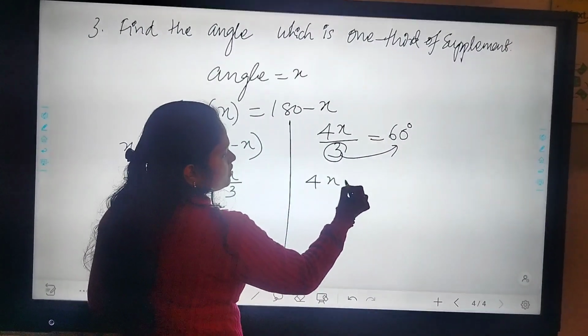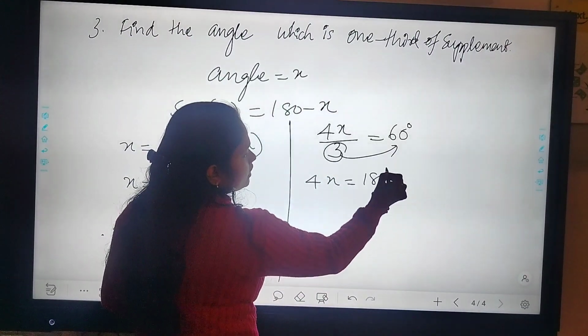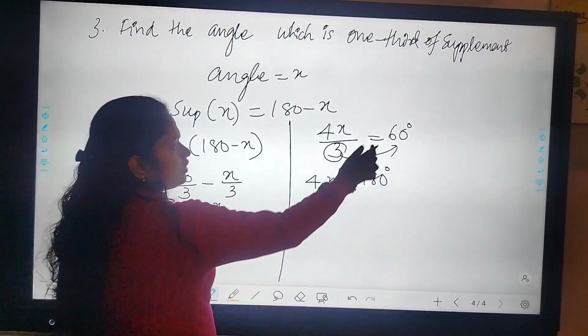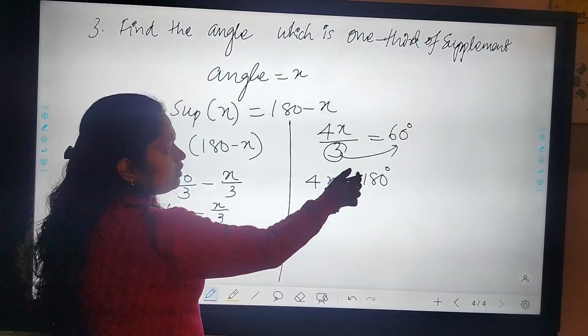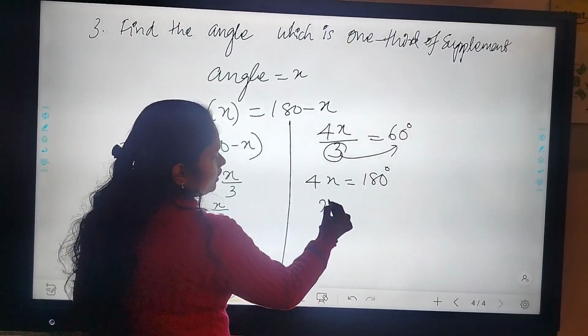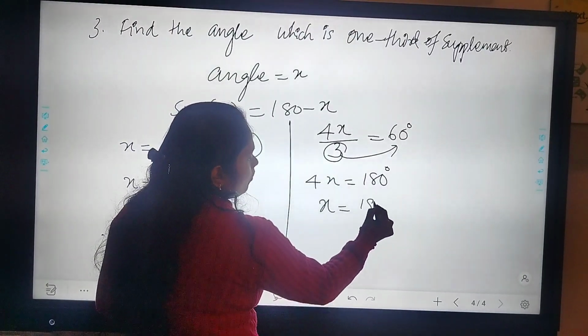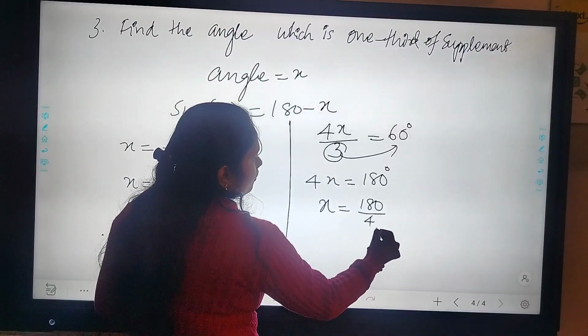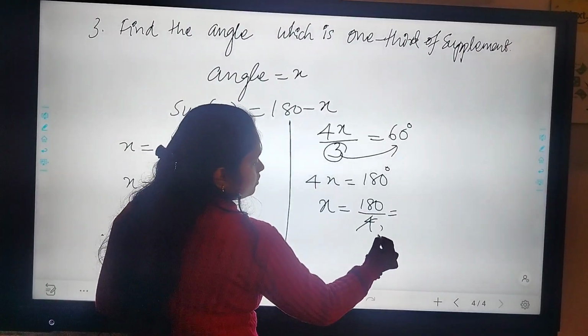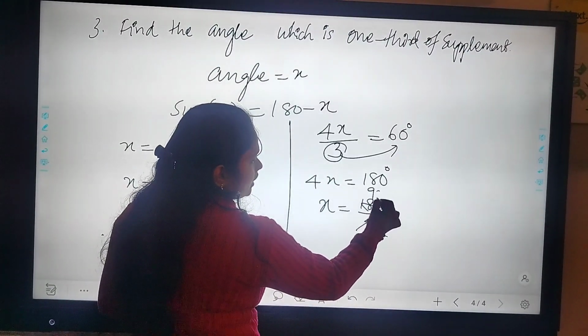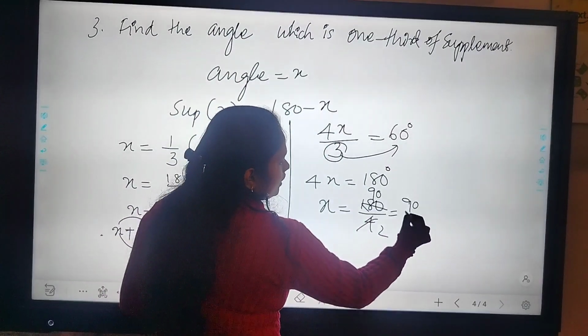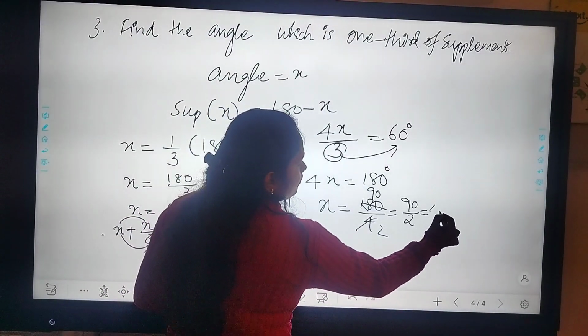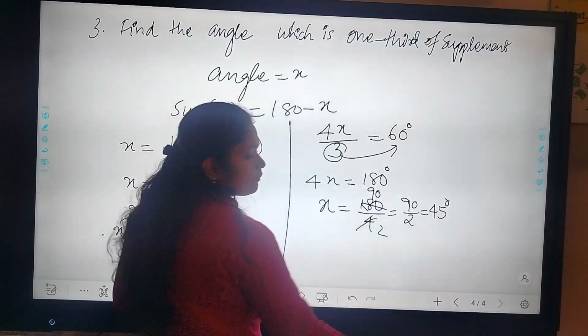So 4x is equal to 180 degrees, since 3 sixes are 18, then 180. So we need to find x. x equals 180 divided by 4. Half of 180 is 90, so 90 divided by 2, that will be 45 degrees.